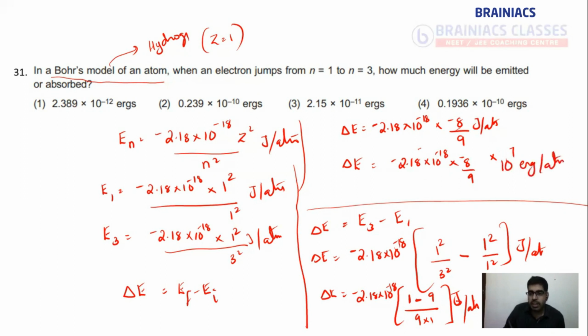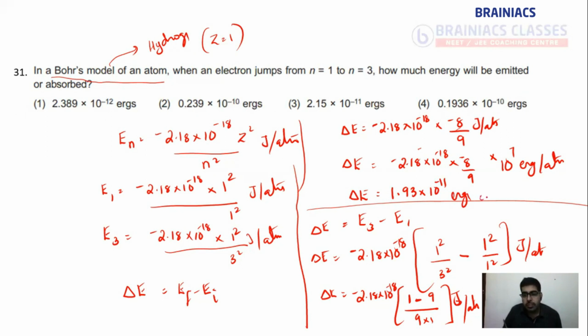After multiplying, minus 2.18 into 10 raised to minus 18 into 8 into 10 raised to 7 divided by 9, and after dividing and multiplying, you will get delta E equal to 1.93 into 10 raised to minus 11 ergs.